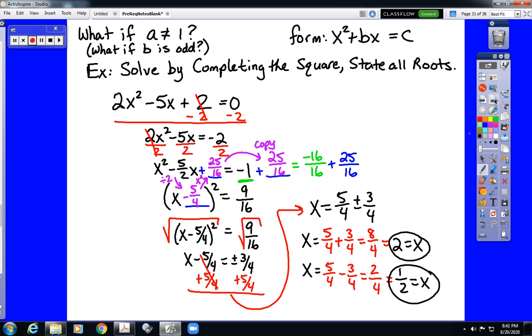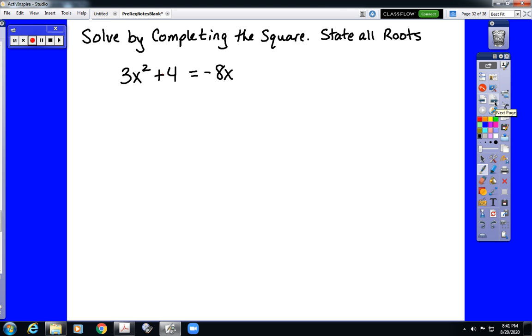Let's do another one. So here we have another example, 3x squared plus 4 equals negative 8x. Once again, it is not in the correct format. We need to move the numeric number to one side, and we need the x terms on the same side. So we need to move the 8x to the left and the 4 to the right. This will give us 3x squared plus 8x equals negative 4.